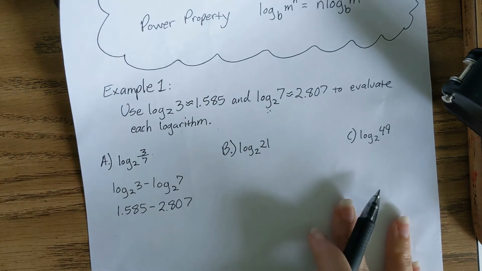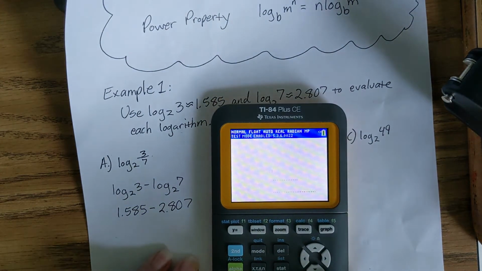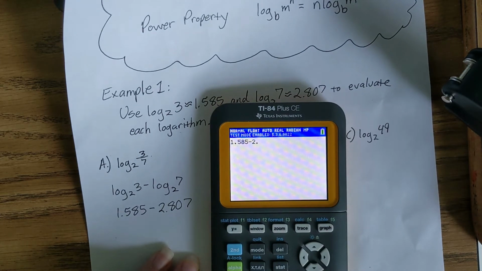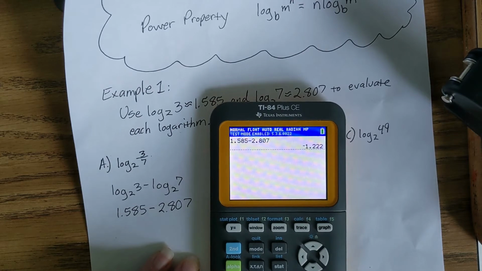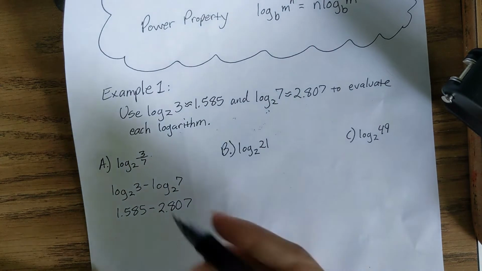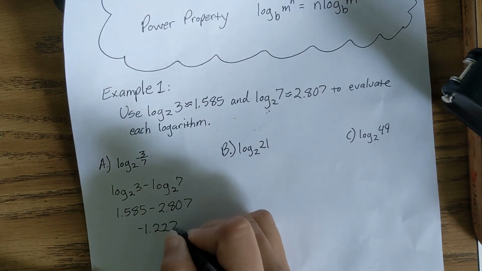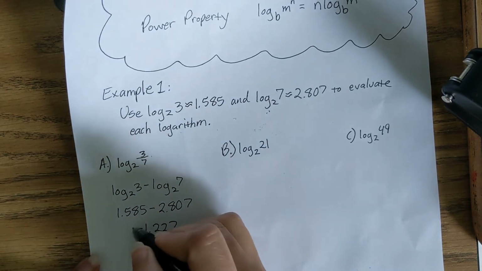And then we're just going to subtract that in our calculator. So I'm going to get my calculator, put this in. 1.585 minus 2.807 is going to give us negative 1.222. Okay, and that would be our answer.